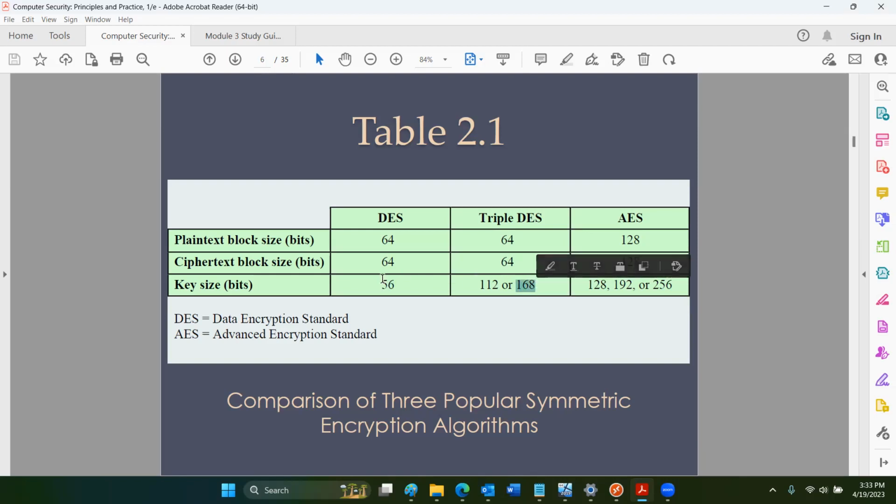So if you take 56 times 3, then you get a 168-bit key because the original key was 56 bits. But once again, it's not like you get 3 times the power. So a triple DES encryption is not as good as an AES. And a 128-bit AES encryption is actually superior to a triple DES 168-bit because of the way it's built.